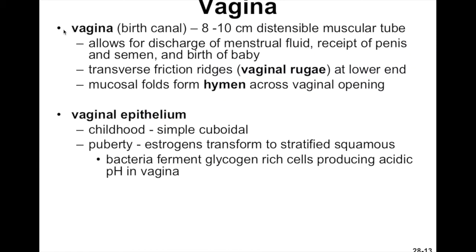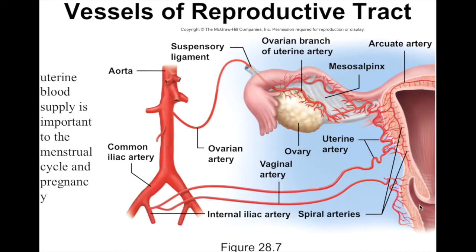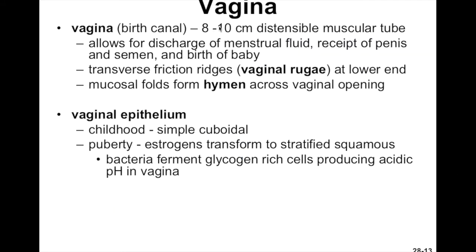So, the vagina or birth canal, all right, it's down here below the cervix, is about 8 to 10 centimeters. Distensible muscular tube. What does distensible mean? For those who aren't familiar with the word, it means it stretches a lot. You should be pretty familiar with that concept. It can stretch quite a bit, okay?